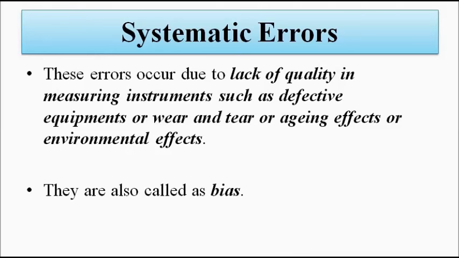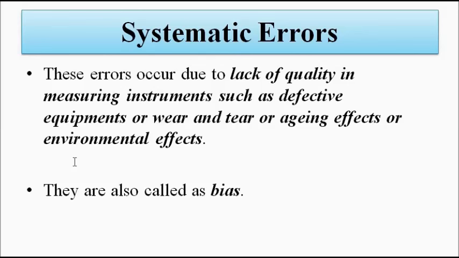Now, these errors occur because of defects in the instrument, lack of quality in the measuring instruments, defective parts, or wear and tear from prolonged use. Aging effects and various environmental effects also sometimes come into play.